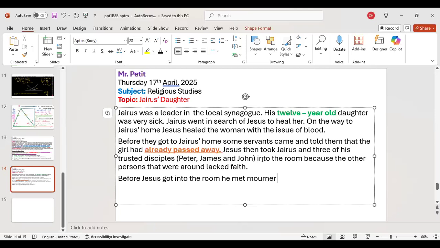He told the people that the girl is not dead. She is what? Sleeping. To Jesus, death was simply what? Asleep.